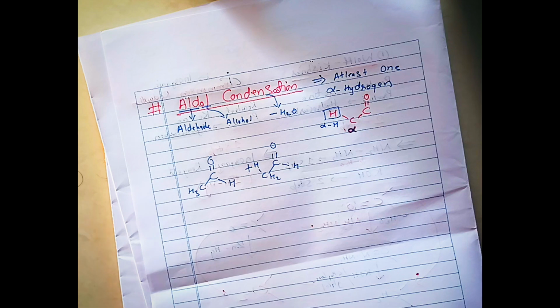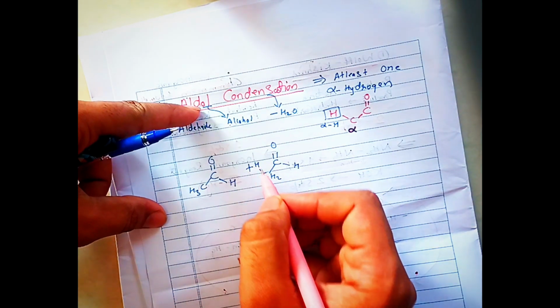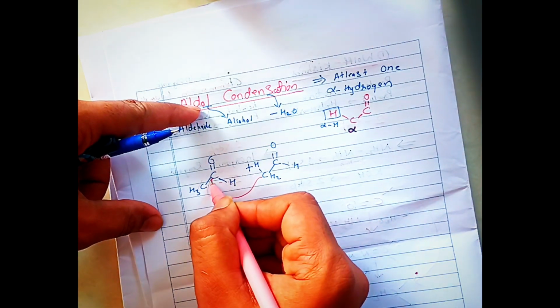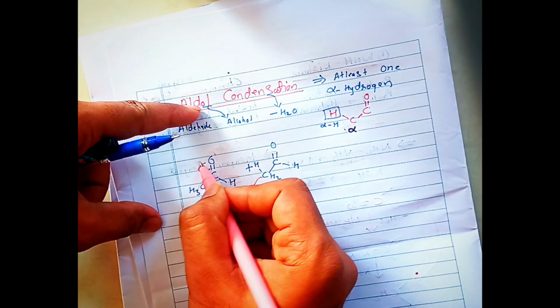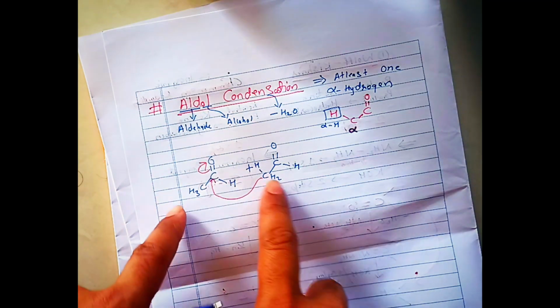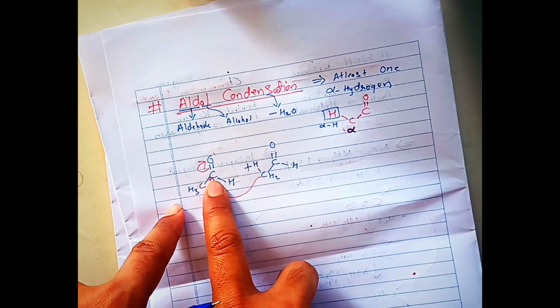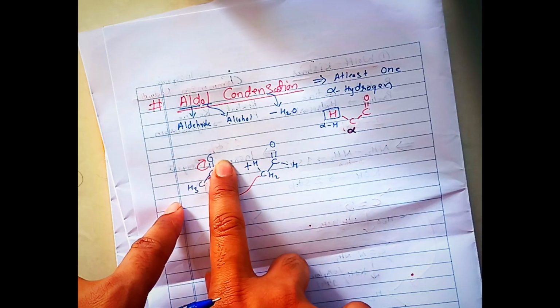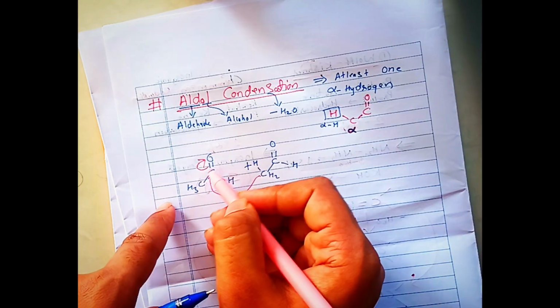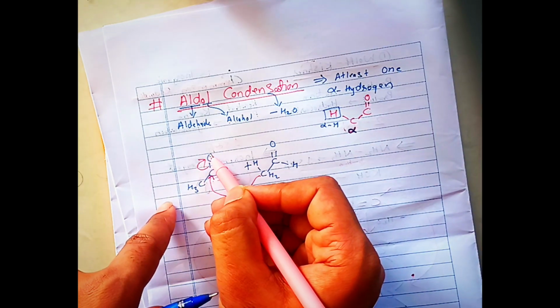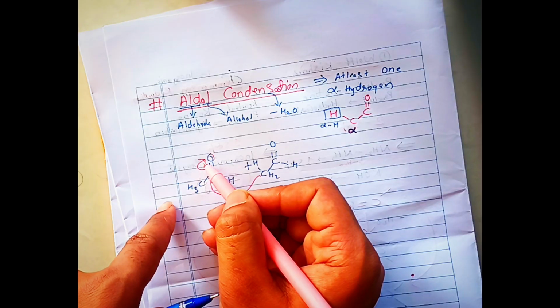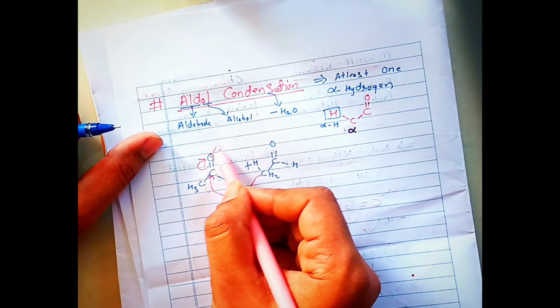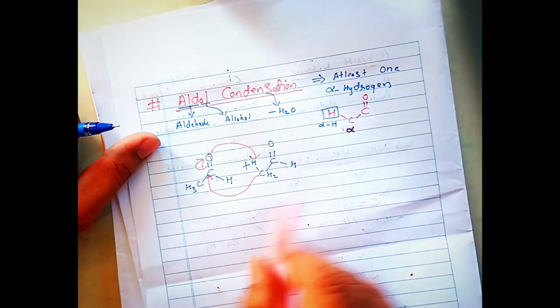So I will make this CH2 attack here, so a bond will form. Due to the higher electronegativity of this oxygen, it will take this bond and this oxygen will attack this hydrogen.